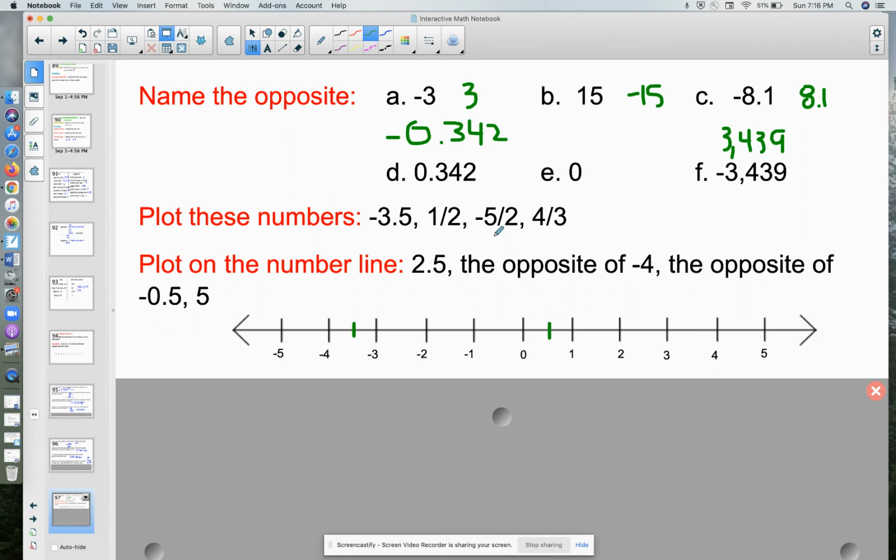-5/2. So you're going to have to change it to a decimal. One way we can do this is 5 divided by 2, and that is 2.5, and then negative, so negative 2.5. Where's that? Right there. And then 4 over 3.